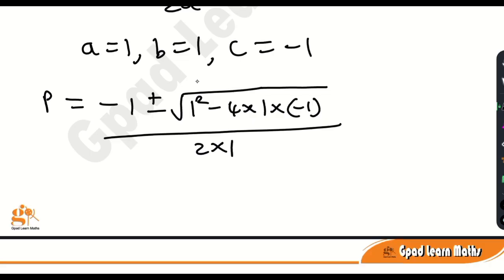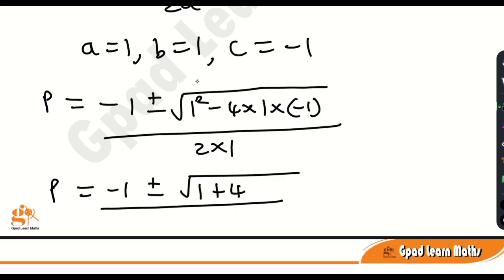So let's simplify this. p will be equal to minus 1 plus or minus the square root of 1 squared, which is 1, minus 4 times 1 times negative 1, which is plus 4, all over 2 times 1 is 2.